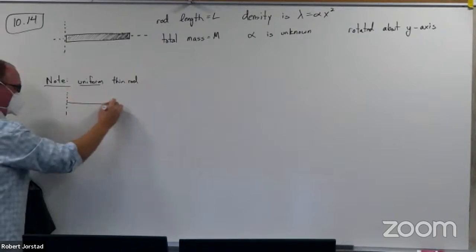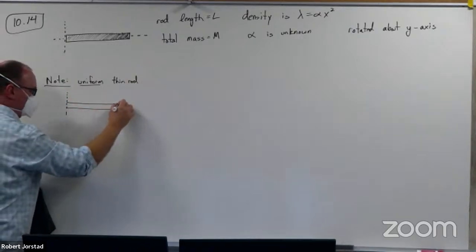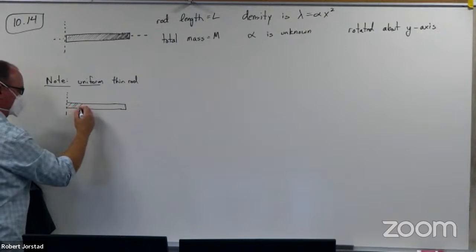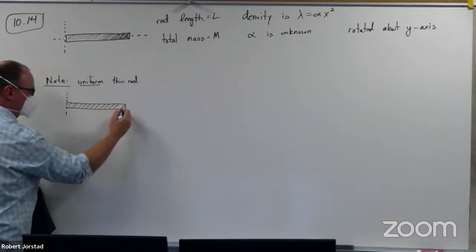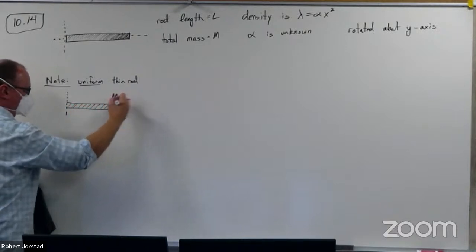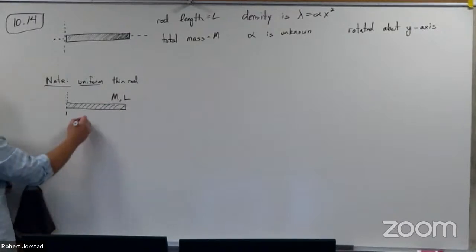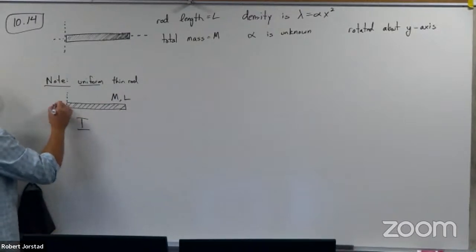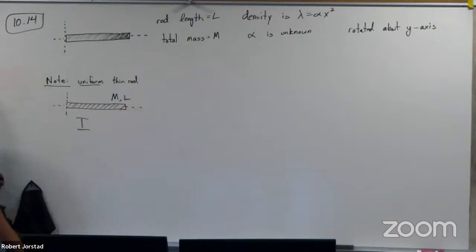Does anybody know the moment of inertia of a uniform thin rod of mass m and length L about this axis, from the table?